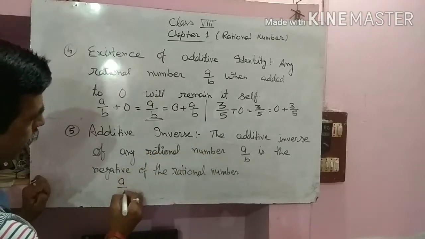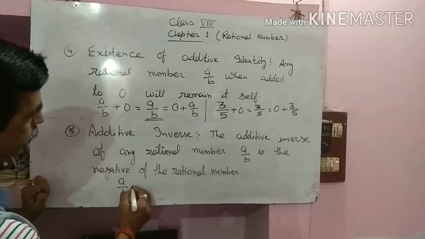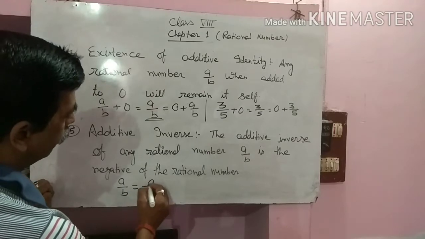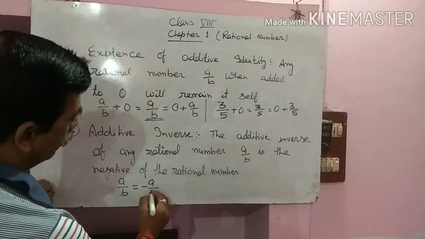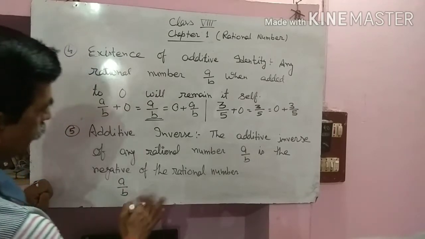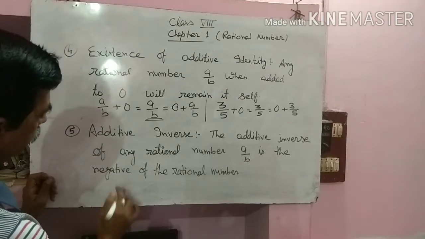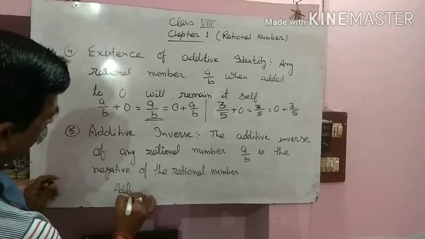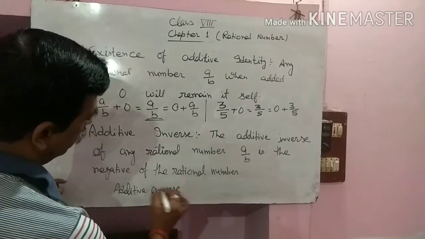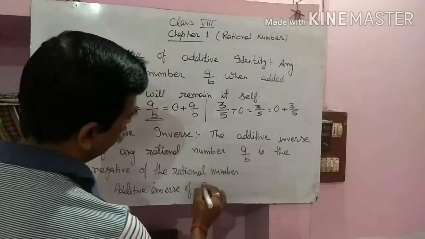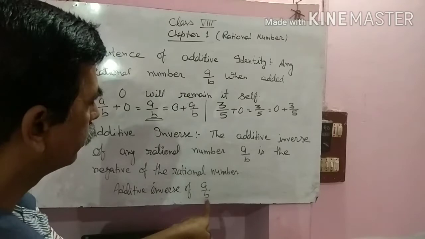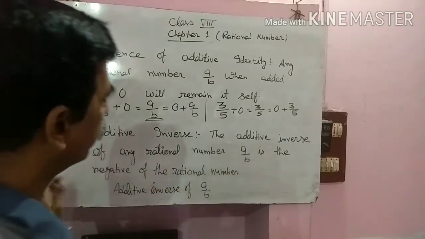Suppose the number is A by B. Its additive inverse is the negative of the rational number. What is written? The additive inverse of any rational number A by B is the negative of the rational number.